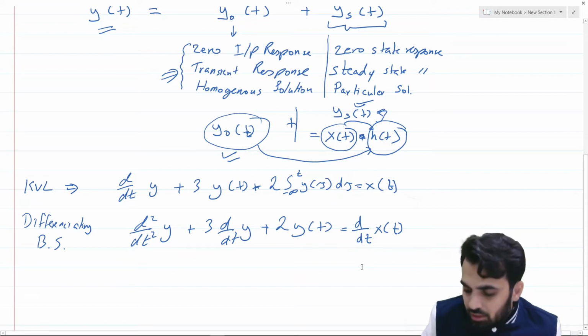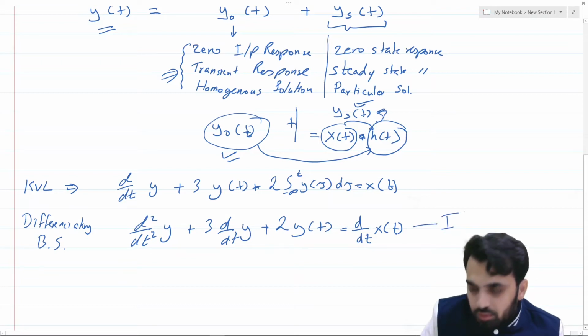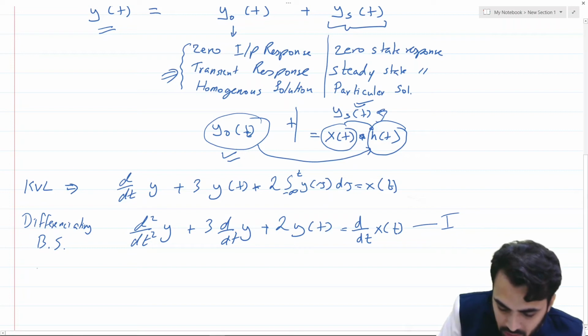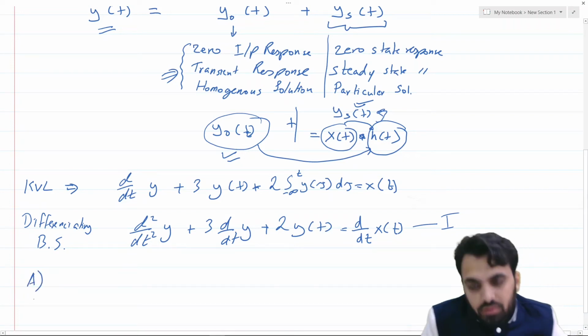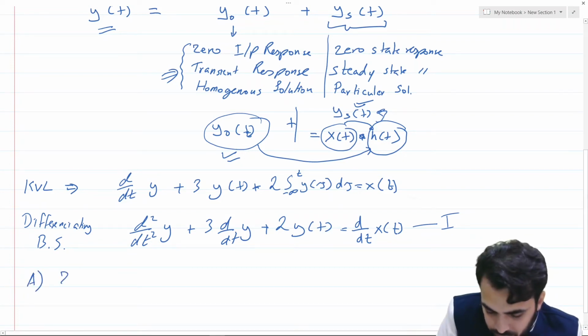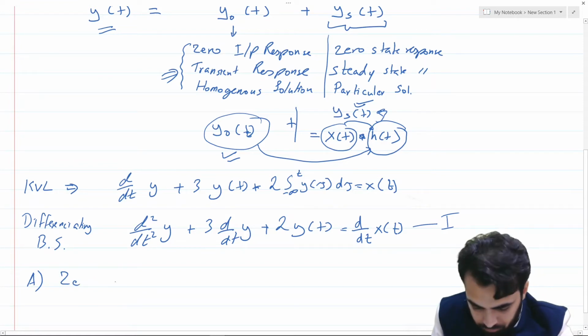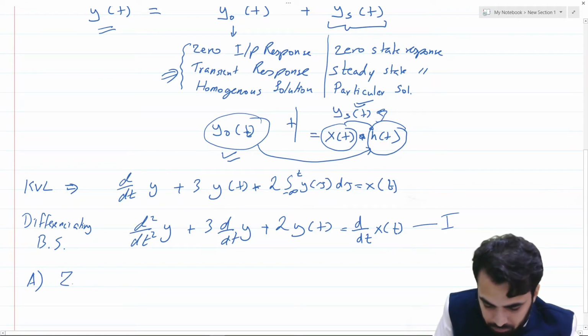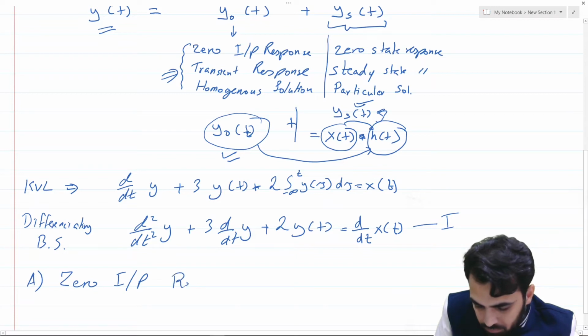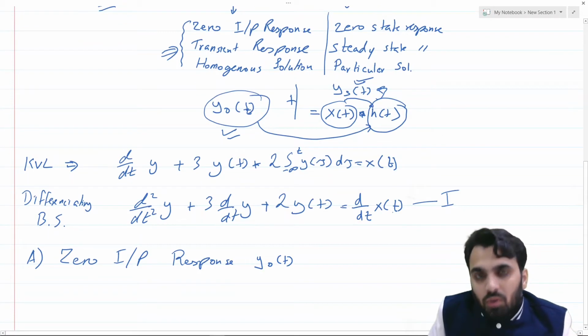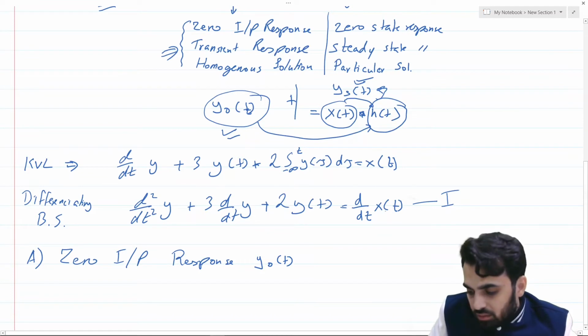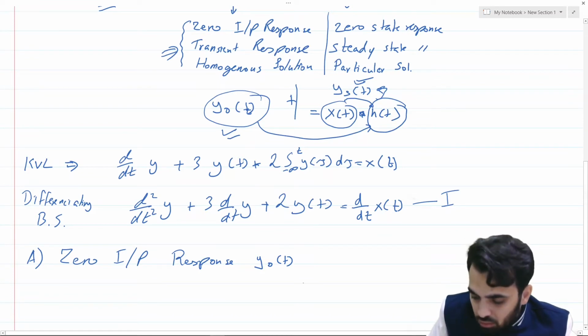For later reference, let us call this our expression 1. Now as a first step, let us move towards the zero input response. So from 1, if the input is 0, that is x(t) is set to 0, the right hand side would simply be 0.